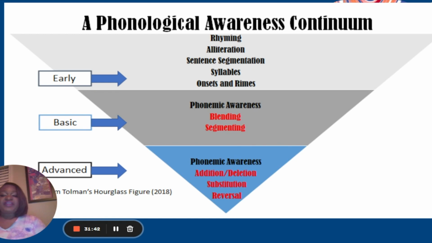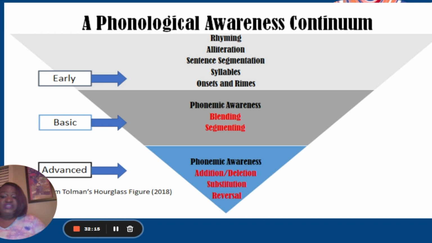Now we have the continuum of phonological awareness. Phonological awareness is the lowest literacy level. When we think about the systematic approach, we want to make sure that we start with the lowest literacy level, and the lowest literacy level is phonological awareness.